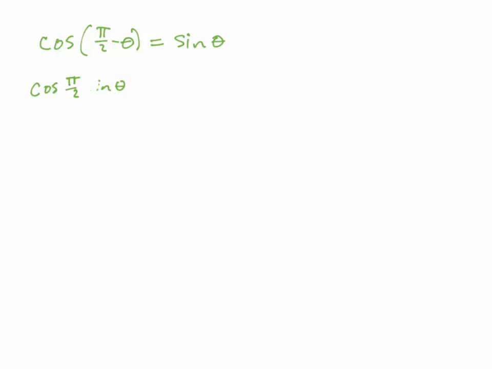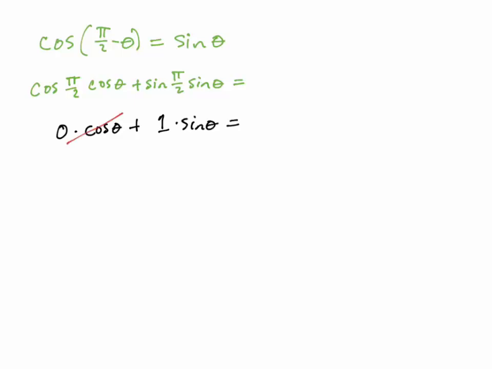Sorry, I had that backwards. It's cosine of the first times cosine of the second. We swap the operator, so this is going to be plus sine of the first, sine of the second. Now, cosine of pi over 2 is 0, so 0 times cosine theta, plus sine of pi over 2 is 1, so 1 times sine theta.